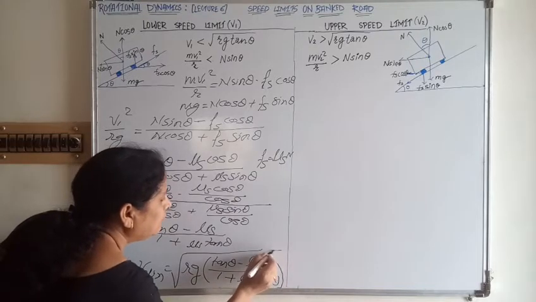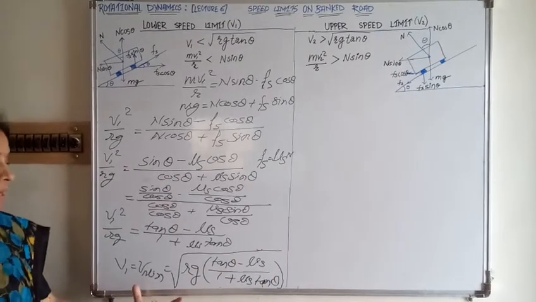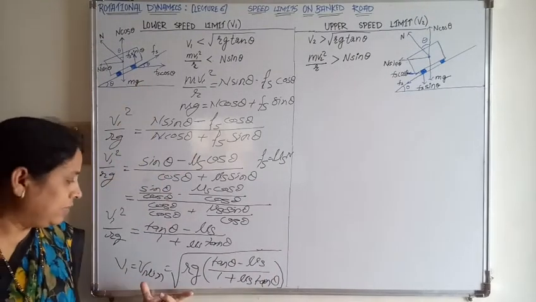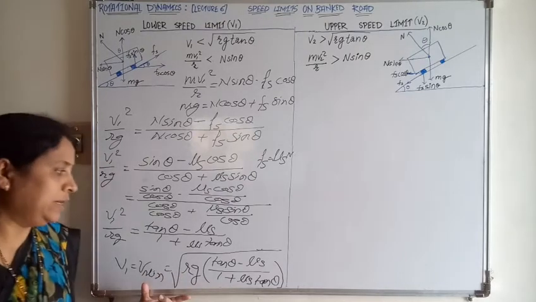This is your equation for minimum speed when the vehicle is moving along a banked road. The vehicle can move with this minimum speed.